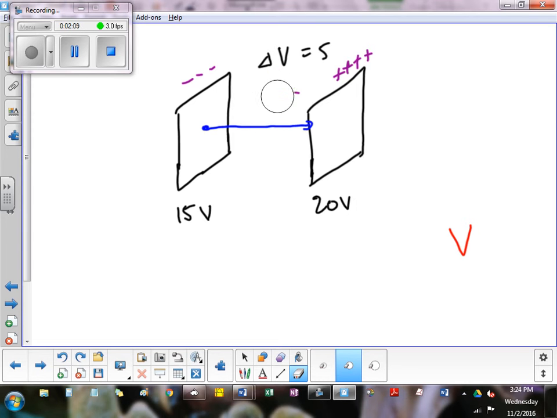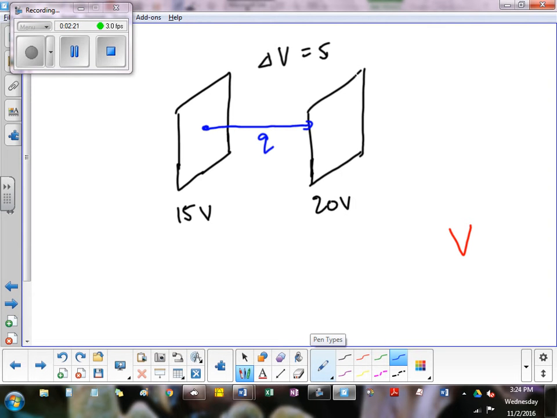All right, so let's say that you're going to move the charge amount Q, and you're going to move it from the left plate to the right plate as shown by the arrow. So we'll label that amount as little q. Okay, so how much work would it require?